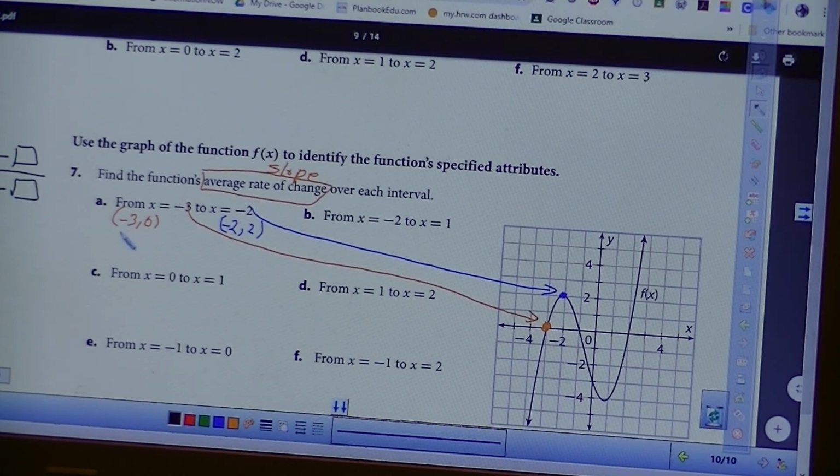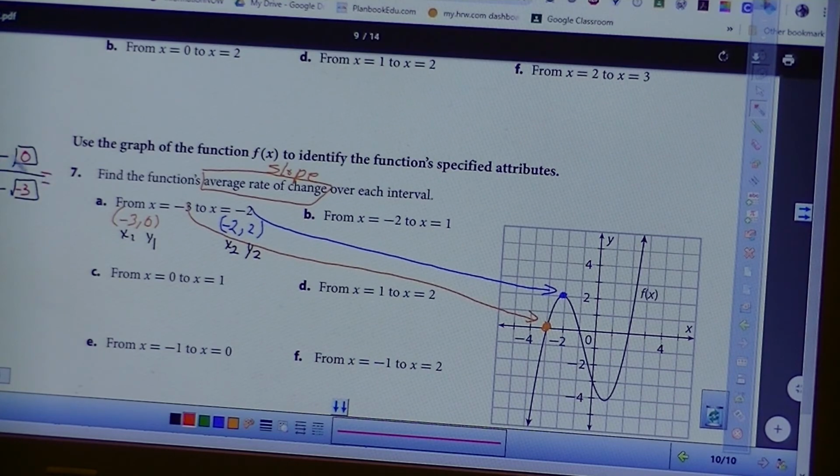So I'm going to take a second and label this x1, y1, x2, y2. What goes in this first box is y2, which is 2, and then y1, which is 0, and then x sub 2, which is negative 2, and then x sub 1, which is negative 3.